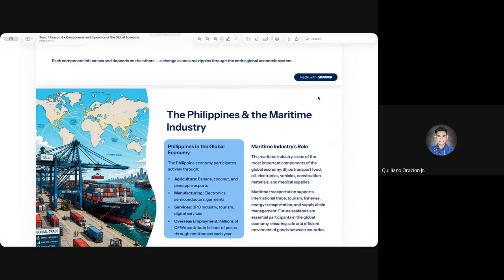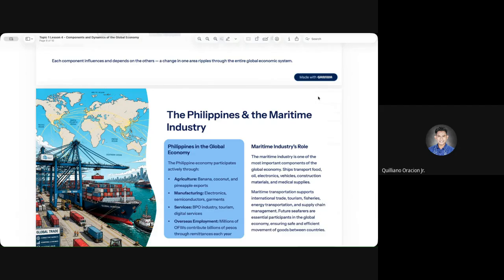But class, the maritime industry also faces challenges. Like what? Climate change, piracy, fuel prices, port congestion, geopolitical conflicts, automation. And how does war affect shipping? Of course, ships may avoid dangerous areas. Routes become longer. Transportation becomes more expensive.